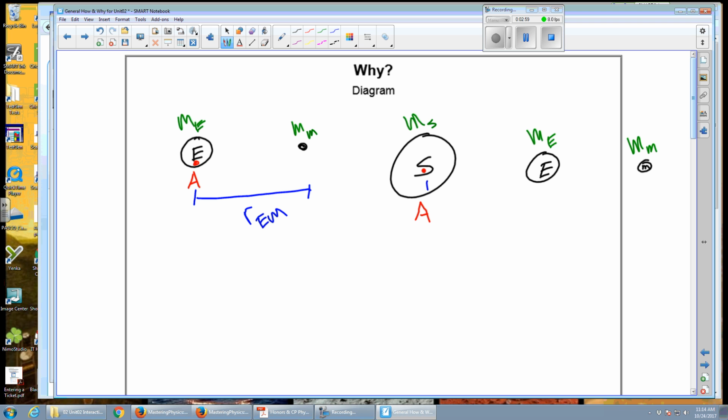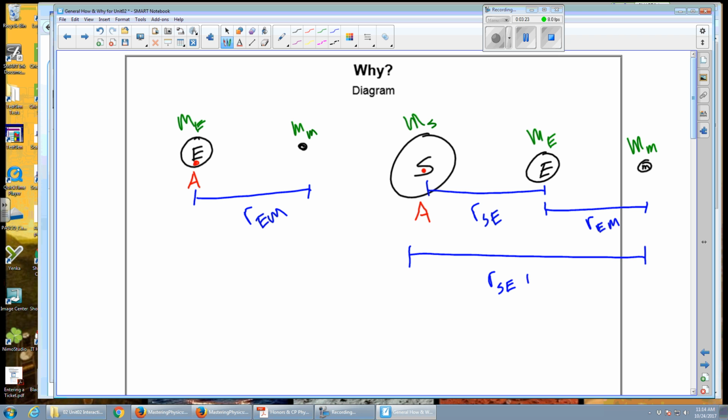Kind of like from here to the Earth would be the radius of the Sun to the Earth. And from here to the Moon would be the radius of the Earth to the Moon. And then, of course, this distance would be those two combined, right? Radius of Sun to Earth plus the radius of Earth to Moon.